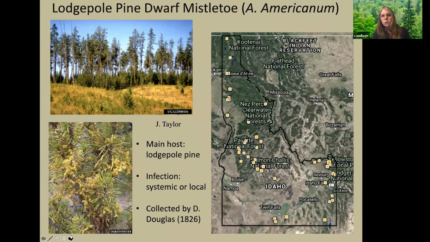So this dwarf mistletoe is called the lodgepole pine dwarf mistletoe. It's Arceuthobium americanum. And of course, its main host is lodgepole pine. And the infection is either systemic or local. So I'm going to go back to kind of show you what I mean by that.